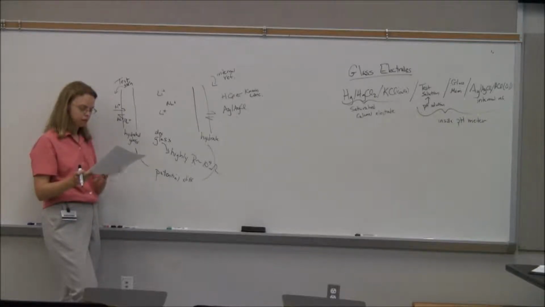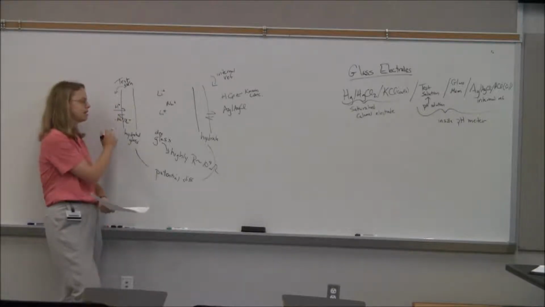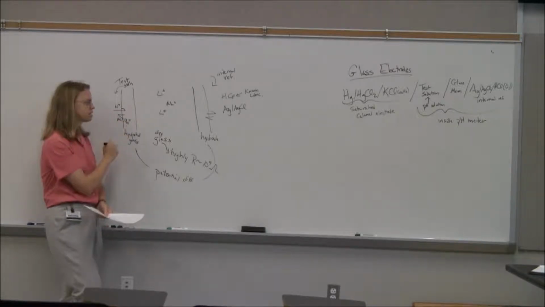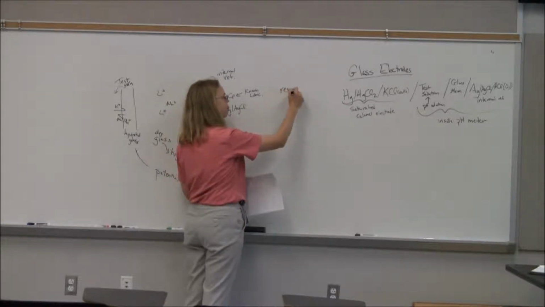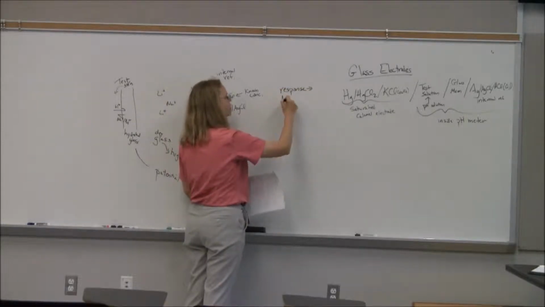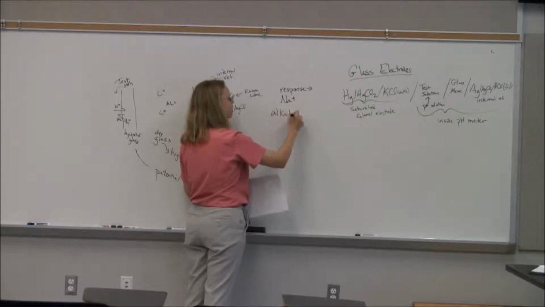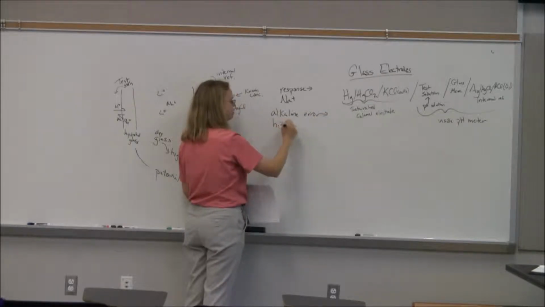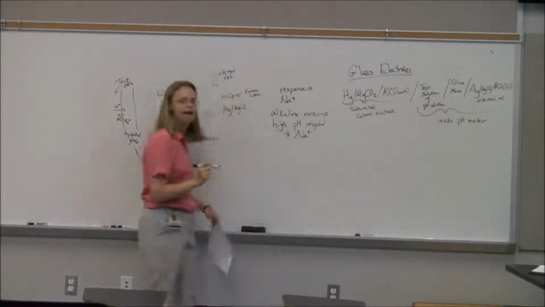All right, so I told you we could exchange hydrogen over here for the salts that are in the glass. It turns out that you can sometimes get a little bit of response of a pH electrode to sodium, and it's often called the alkaline error, which tells you that if you're at a really high pH, it will also respond to sodium. It has to do with the type of glass.